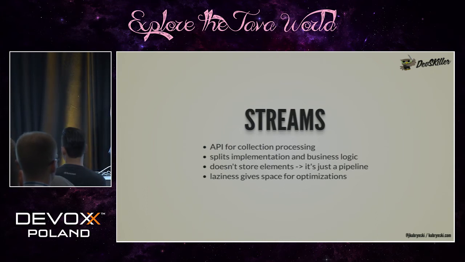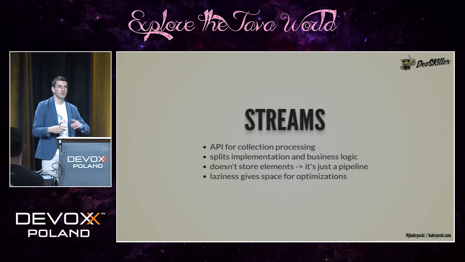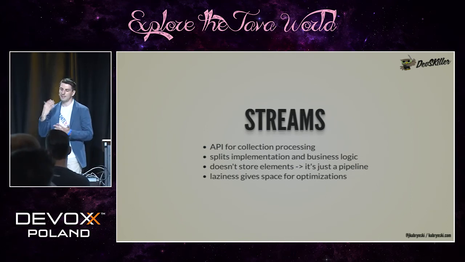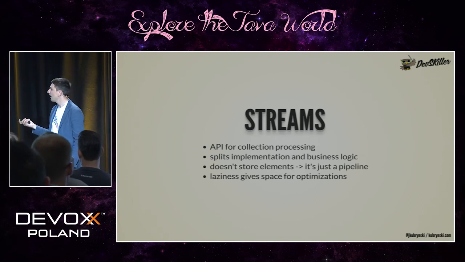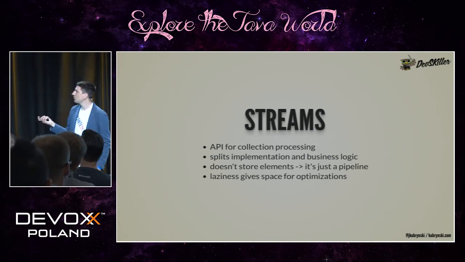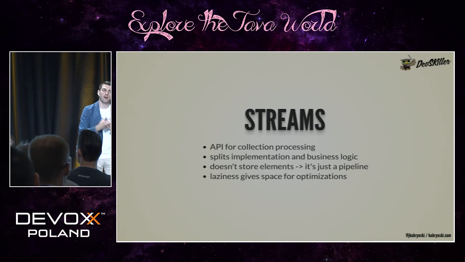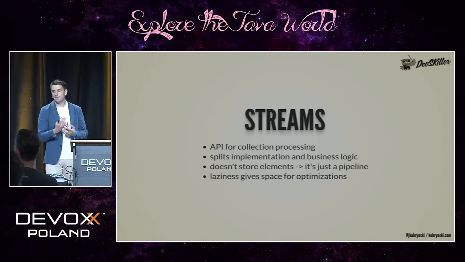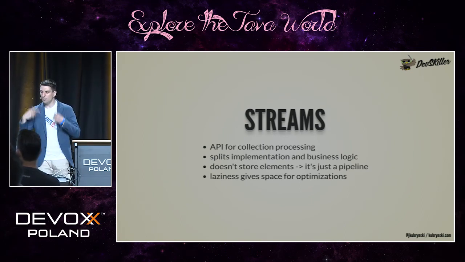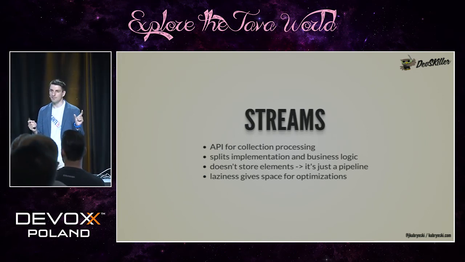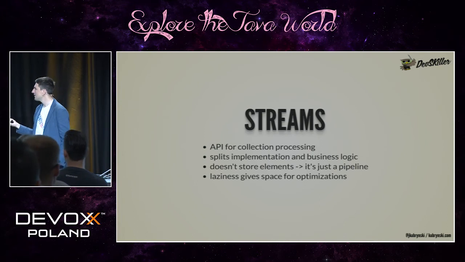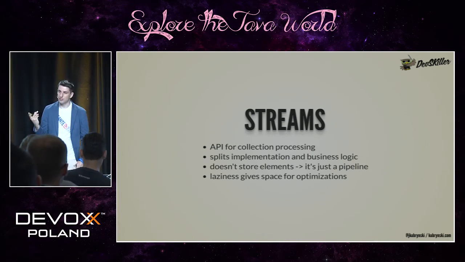There is no for or if, but a simple DSL that allows me to process the collection. And it doesn't store the elements, so it's just a pipeline that produces your final results. Why is it important that it doesn't store elements? Because it means that it's lazy, and laziness gives us space for optimization.